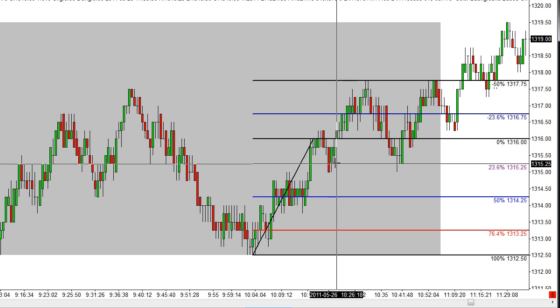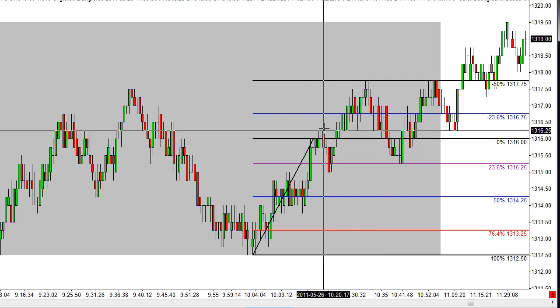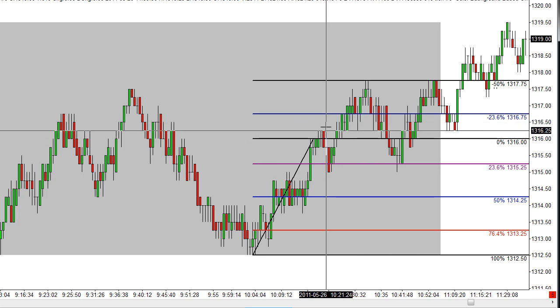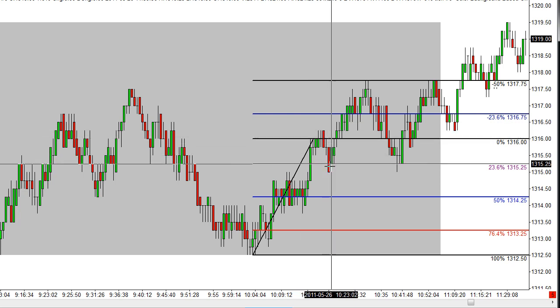Price breaks the 0% line, does not go to half the distance between 0 and negative 23.6, which would be between these two, and then retraces back to positive 23.6%.